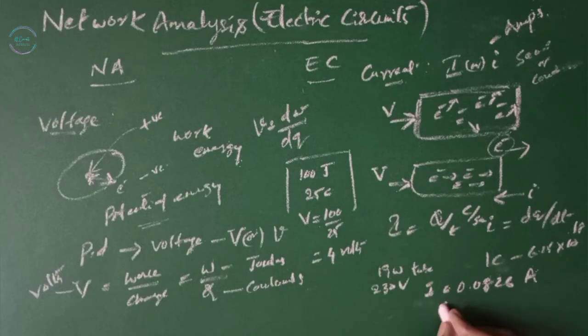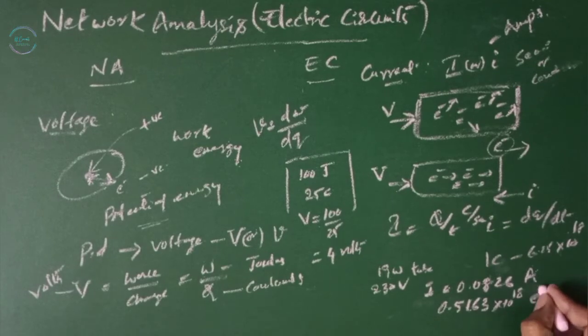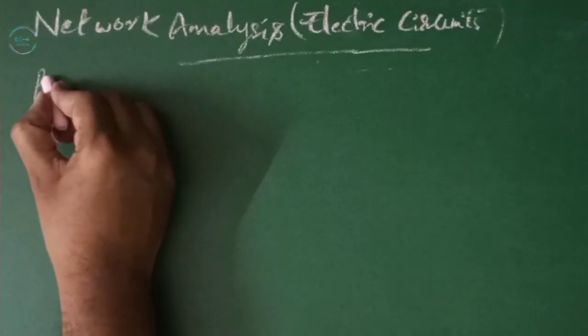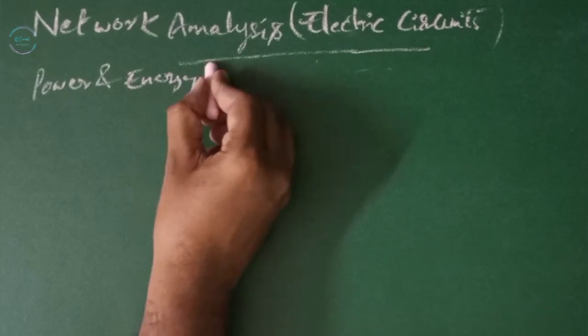That means 0.5163 times 10 to the power of 18 electrons pass through the tube every second, or simply the current is 0.0826 amps.